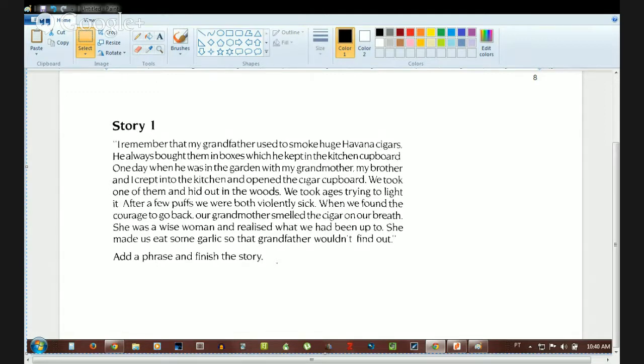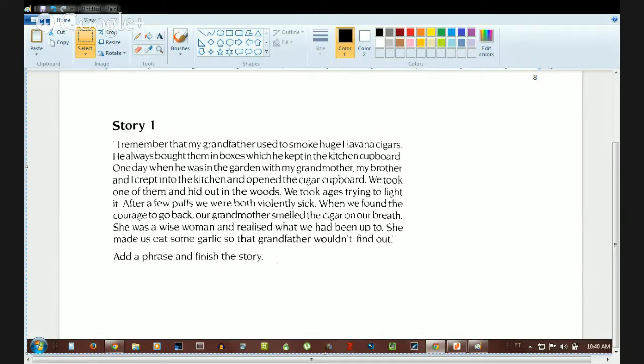One day when he was in the garden with my grandmother, my brother and I crept into the kitchen and opened the cigar cupboard. We took one of them and hid out in the woods, each trying to light it.